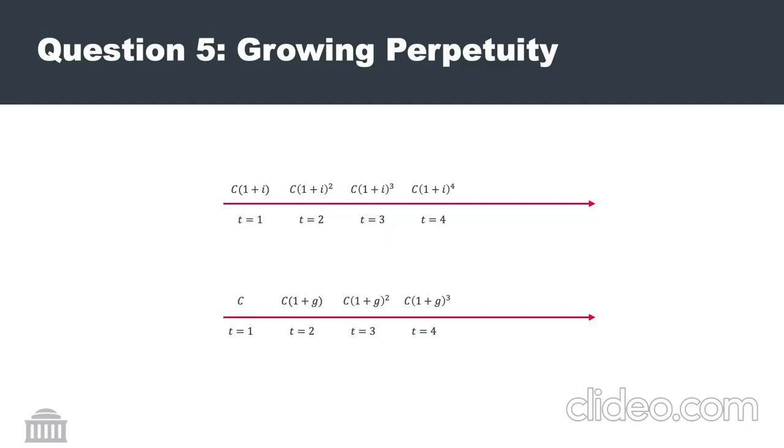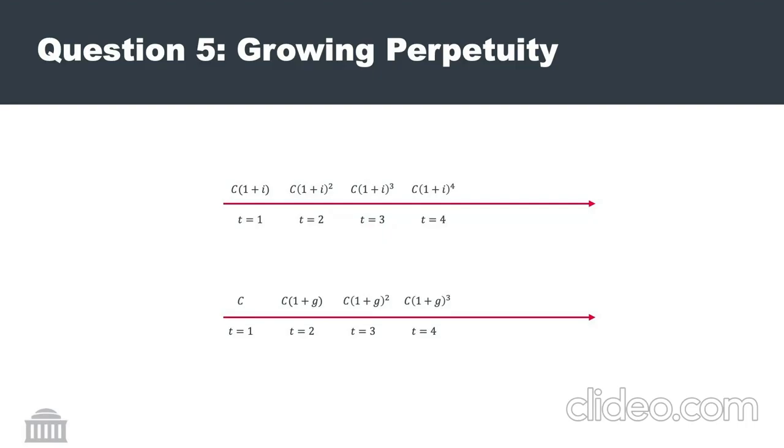In our case, however, the first payment is C times 1 plus I, and the second payment is C times 1 plus I squared. Now, mathematically, we can make our stream of payments look like a regular perpetuity if we factor the 1 plus the rate of inflation term out.